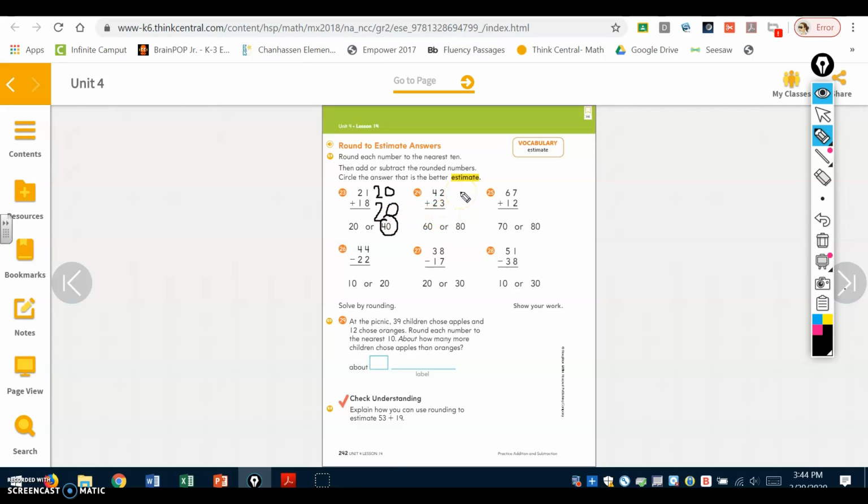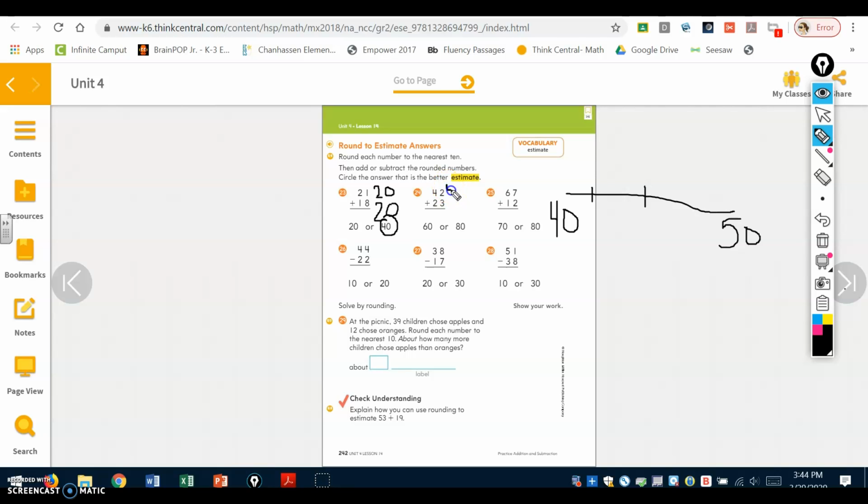42 plus 23. Am I going to round down to 40 or up to 50? If I drew a number line and I have 40 here and 50 here, here's 45 right in the middle. Well, 42 would be here. Is that closer to 40 or closer to 50?